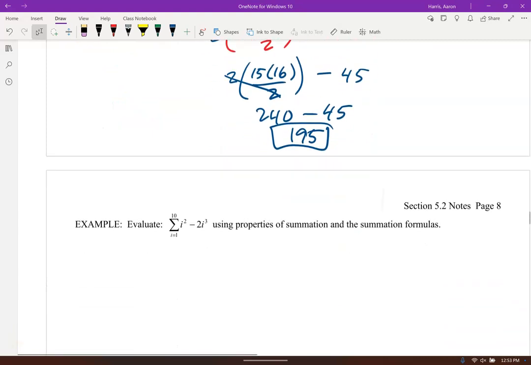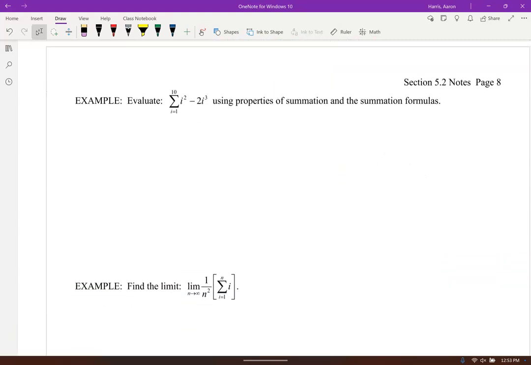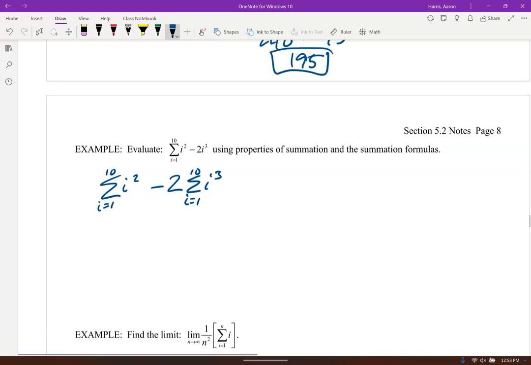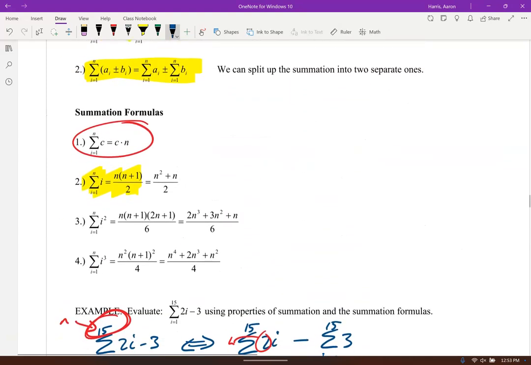Let's keep going with this one here. We've got the summation of i squared minus 2 times the summation of i cubed. This is i being 1 up to 10, so my n is 10. So I'm going to go up and look at my i squared formula up here.